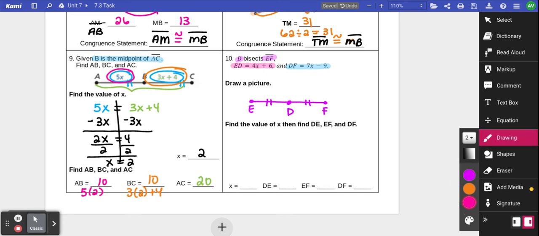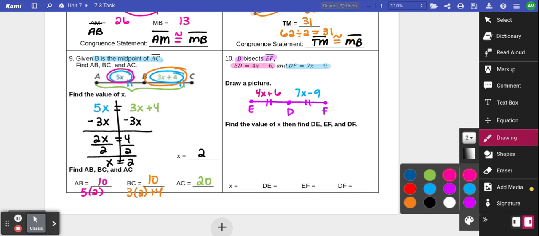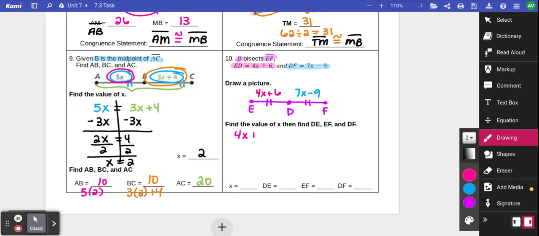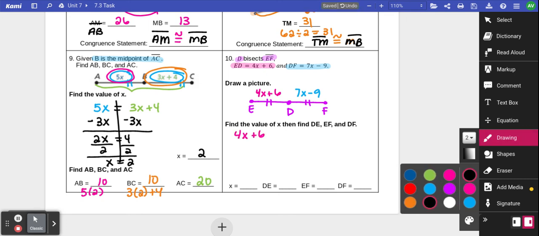ED is 4x plus 6, whereas DF is 7x minus 9. In order to solve and find x, we need to know that because that is a segment that was bisected, D is exactly in the middle, these two pieces must be equal to each other. It's exactly in the middle.